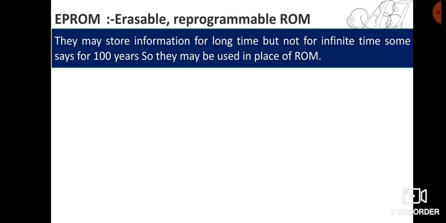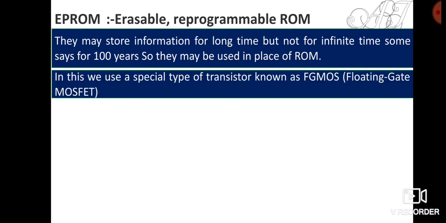So this is another advancement you can see in the ROM. It is said that they may store information for a long time, but not for infinite, obviously, and some say 100 years. So they may be used in place of ROM. In this we use a special type of transistor known as floating gate MOSFET, and we store charges in that particular MOSFET only.